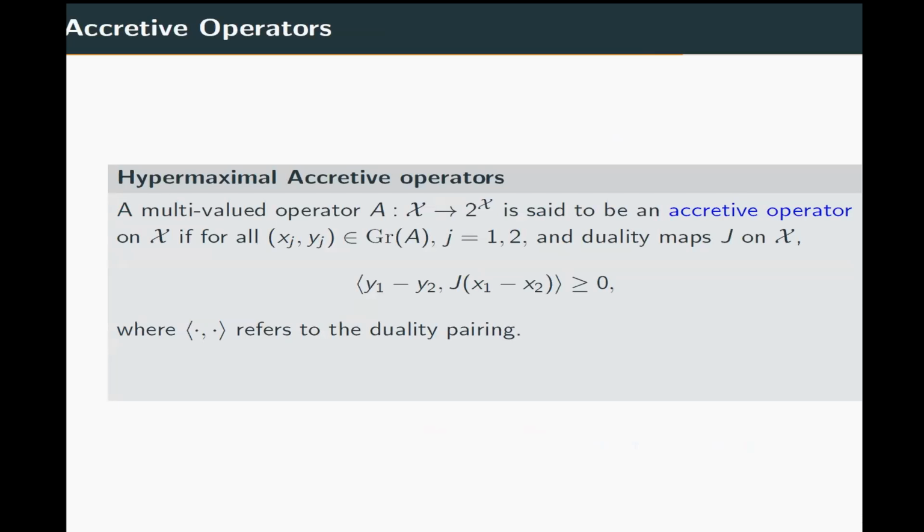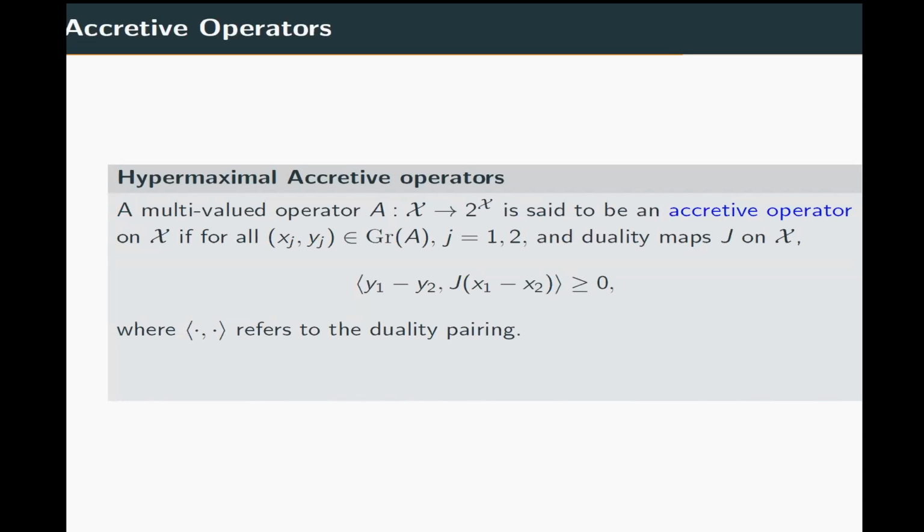Okay, so accretive operators are typically used in infinite dimensional spaces to study PDEs. But here I'm applying it in a finite dimensional context. So an accretive operator is one where, for anything in the graph of the operator and some duality map, it satisfies some inequality condition.